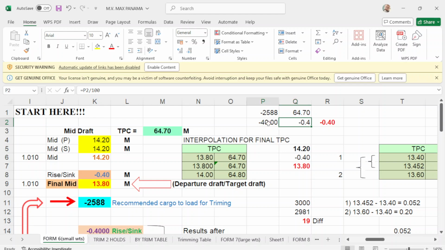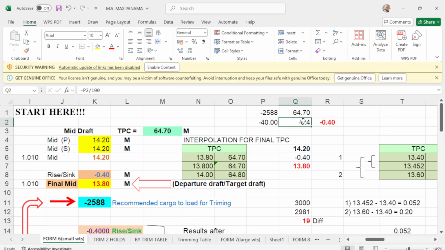You put it like this, equals total cargo to be discharged, divided by your TPC of 64.70, and that will be negative 40 centimeters.